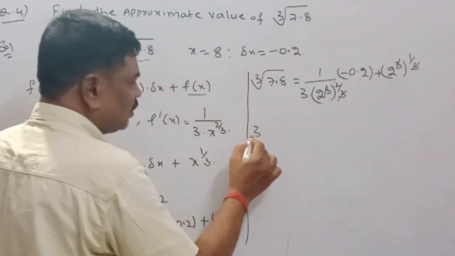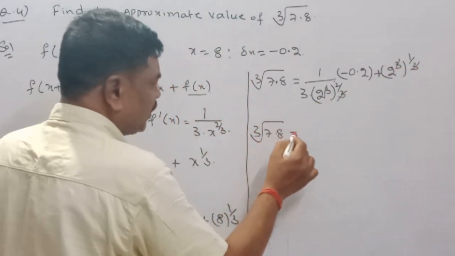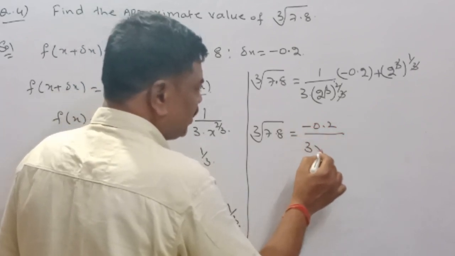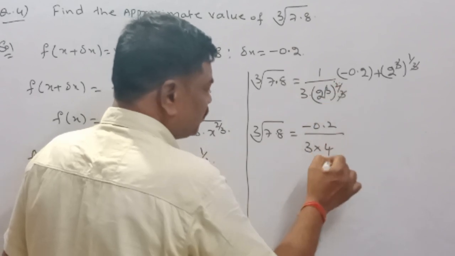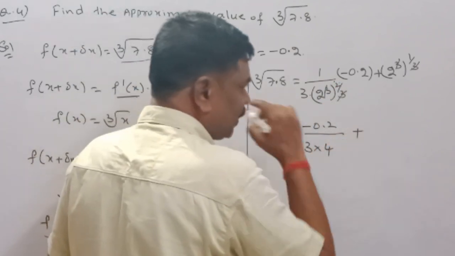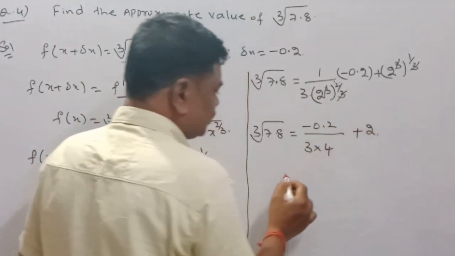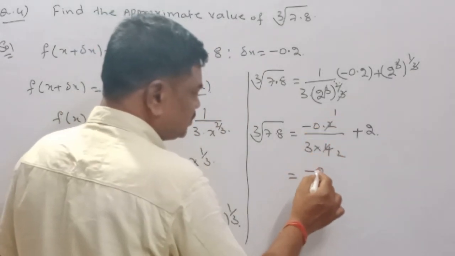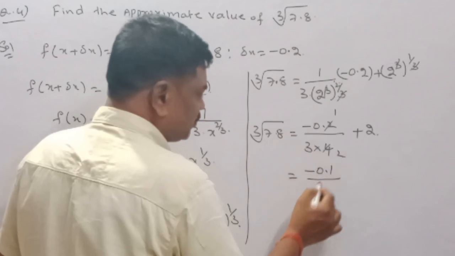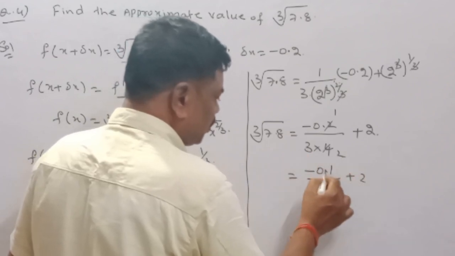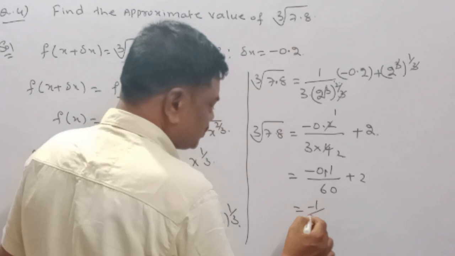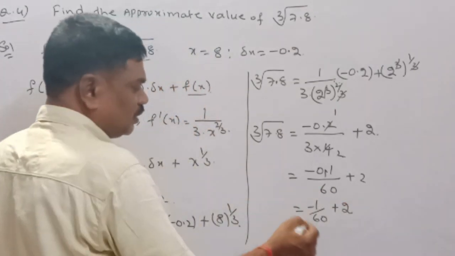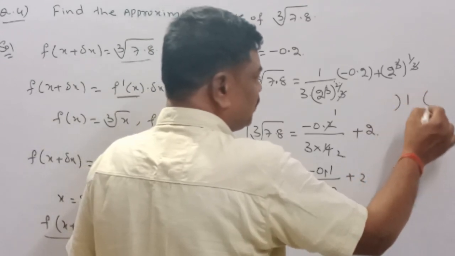Cube root of 7.8 is equal to minus 0.2 by 3 into 2 square 4, plus 2. This is minus 0.1 by 3 into 2, 6, plus 2, so minus 1 by 60 plus 2.